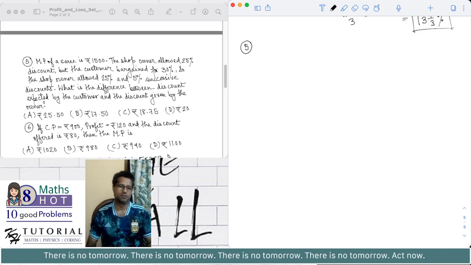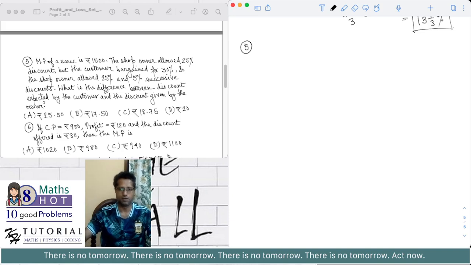What is the difference between the discount expected by the customer and the discount given by the owner? Now, the difference between the discount means the actual discount, not the rate of discount, but the actual discount in rupees. So the mark price of the sari is rupees 1500.